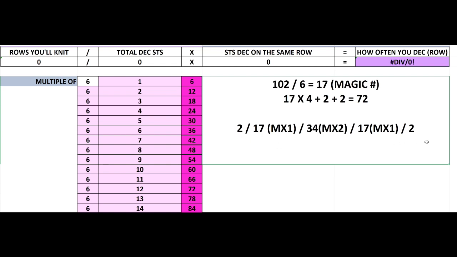However, I add 2. Just follow my instruction. Your cast on number should be magic number times 4 plus 2 plus 2. All right? So, there you go.